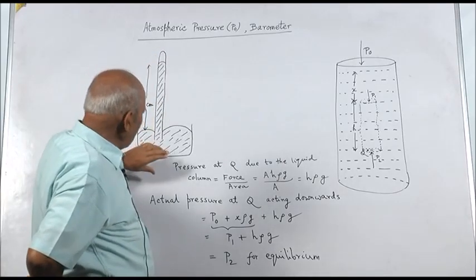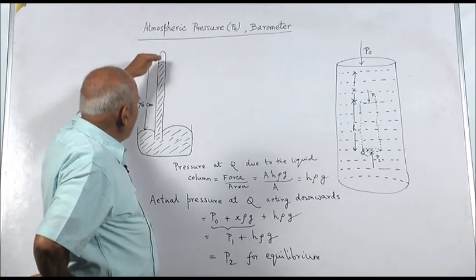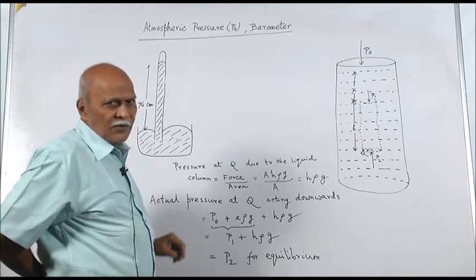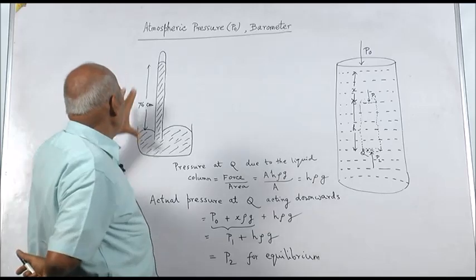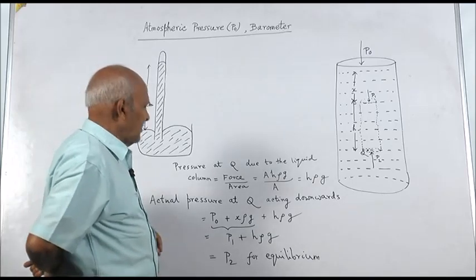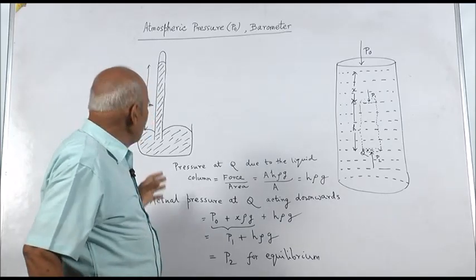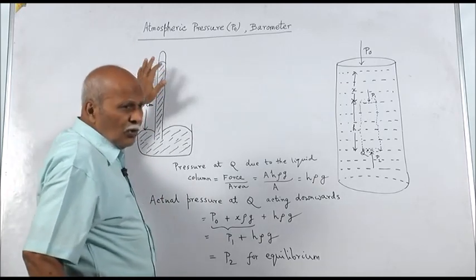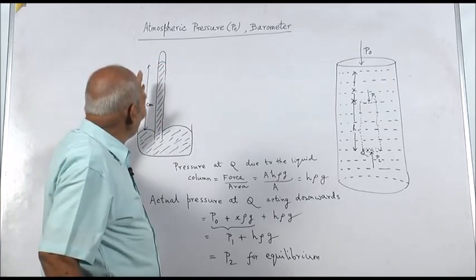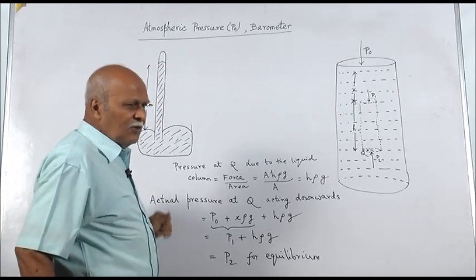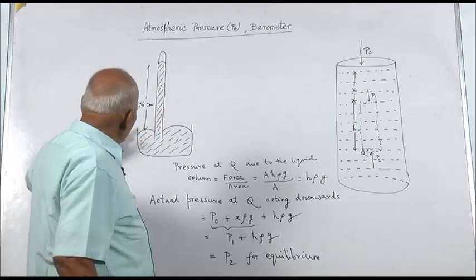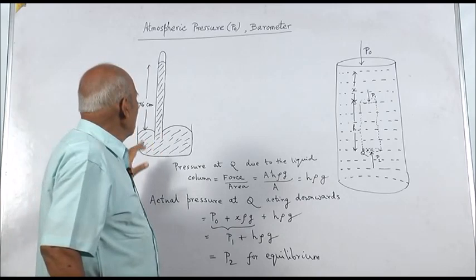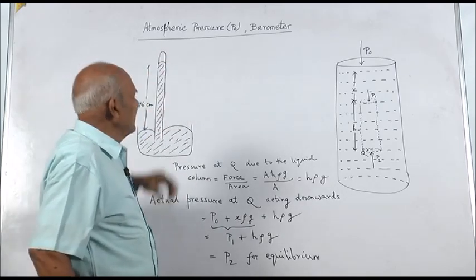So, when he inverted it, that level decreases, but this is left free, nothing is there. So, it is vacuum, and the height is 76 centimeter. Then the question is, how can this long column of mercury stand like this, because mercury should go out and fill the beaker, but that does not happen. You can make a stand arrangement to keep it like that.